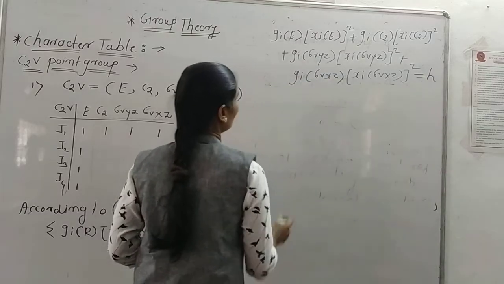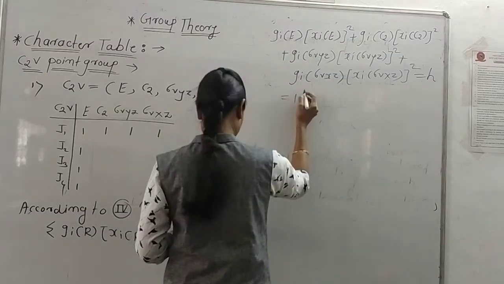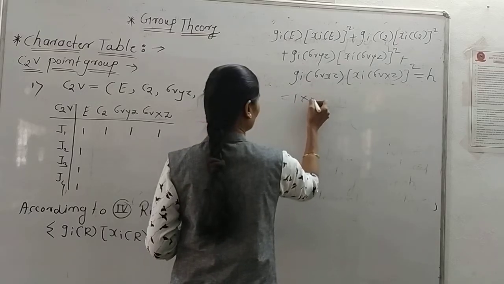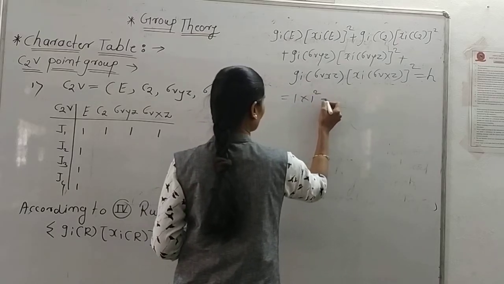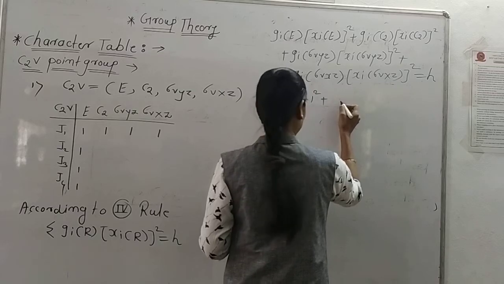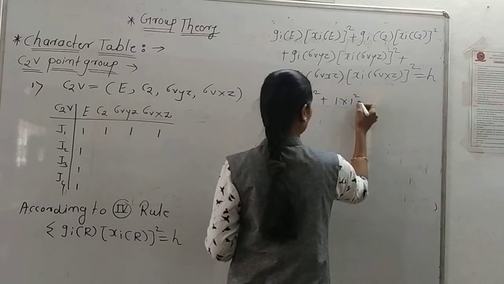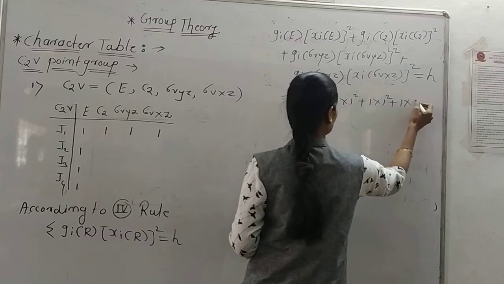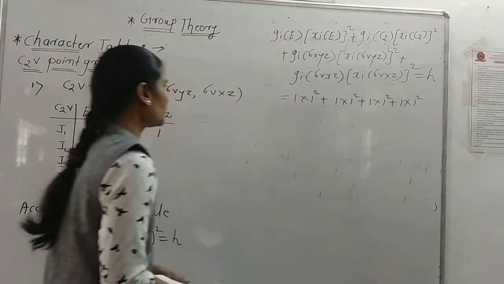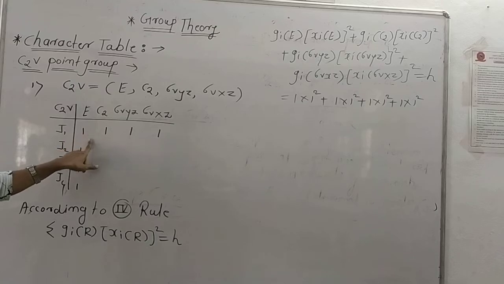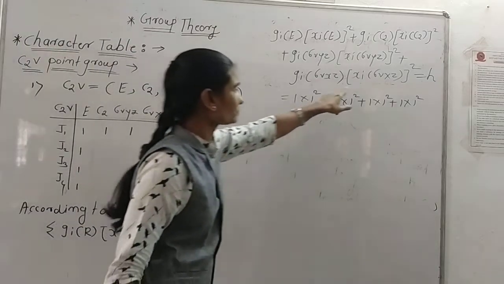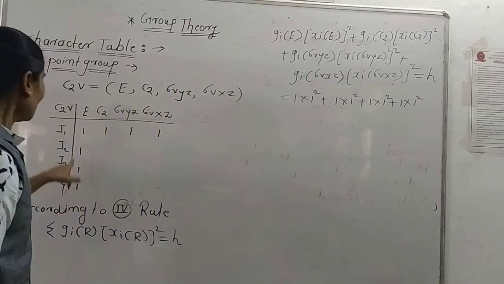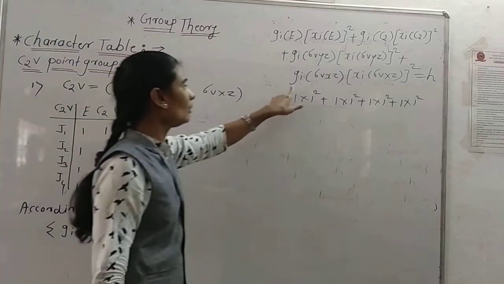So it is given as 1 into 1 square plus 1 into 1 square plus 1 into 1 square plus 1 into 1 square, because the value of irreducible representation is 1 and the characters are also 1.